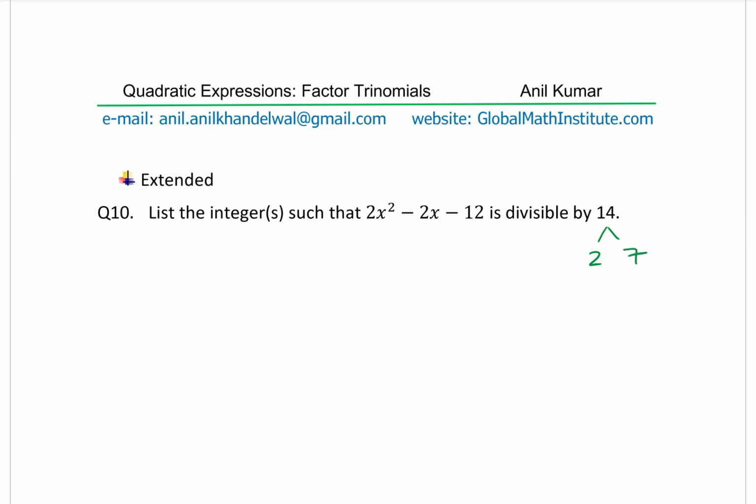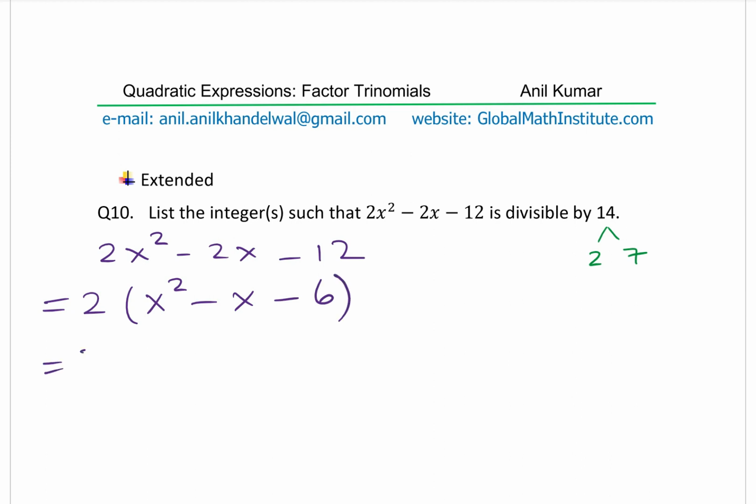Now let's look into what is given to us. We are given a trinomial, which is 2x squared minus 2x minus 12. You can take 2 as a common factor, and you're left with x squared minus x minus 6. Now that can be factored.